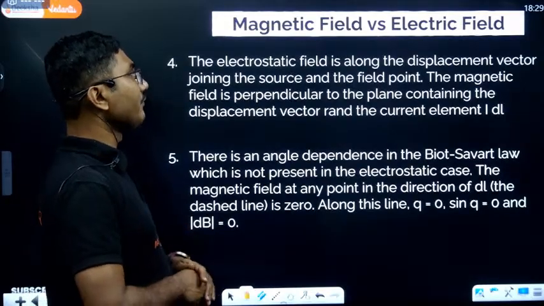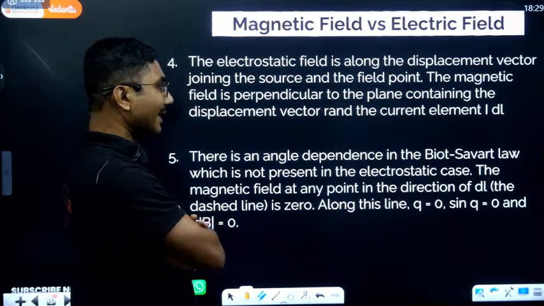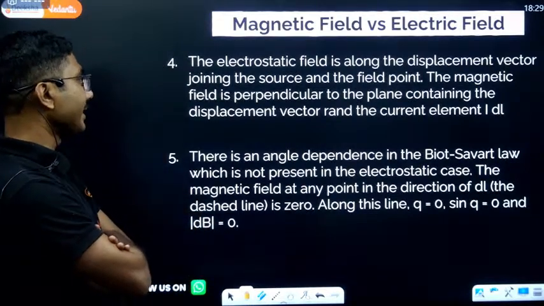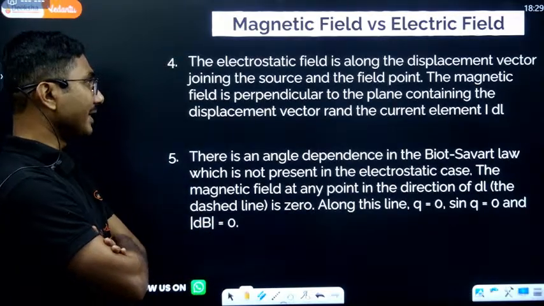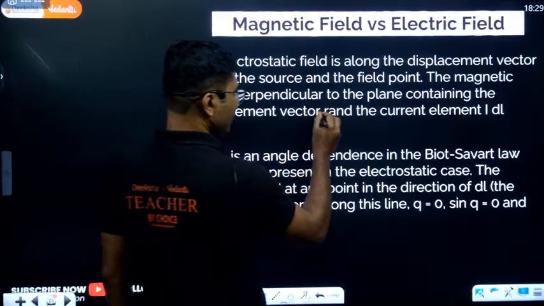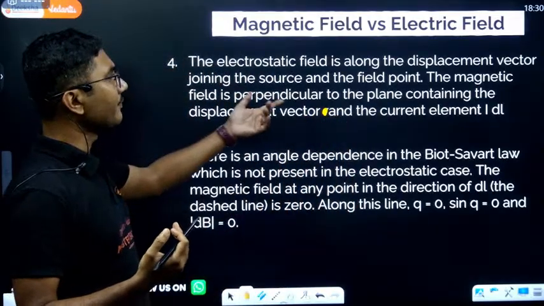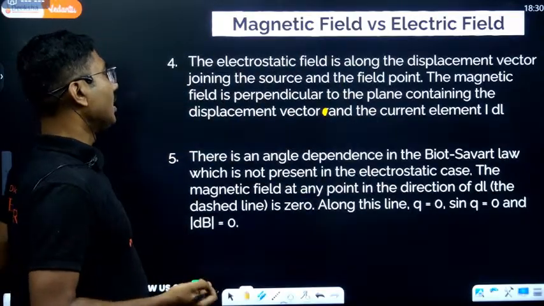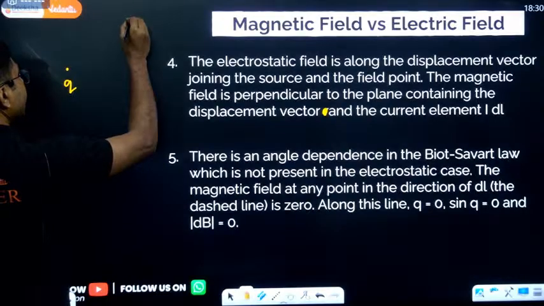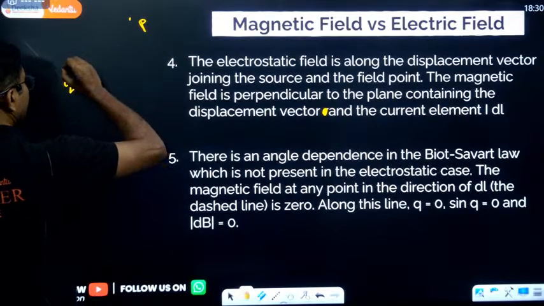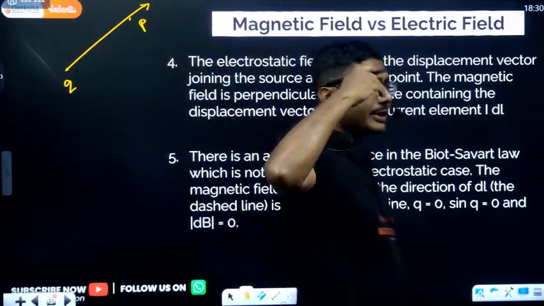The electrostatic field is along the displacement vector joining the source and the field point. The magnetic field is perpendicular to the plane containing the displacement vector and the current element I dl. So for the electrostatic field, if this is the charge q and this is the point where you want to find the electric field, you join them, and the field is either away from or towards the charge based on its sign.